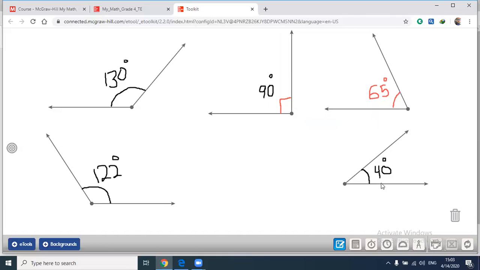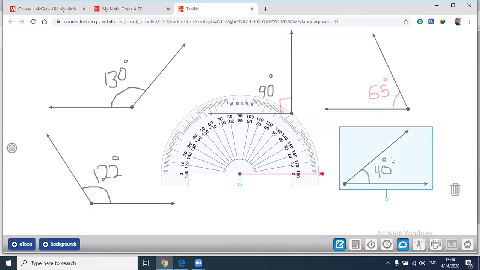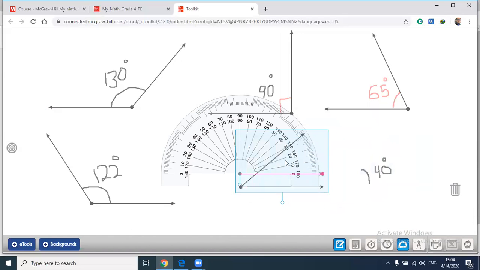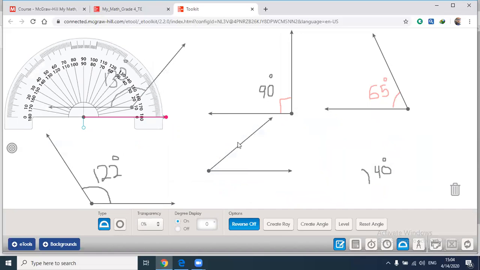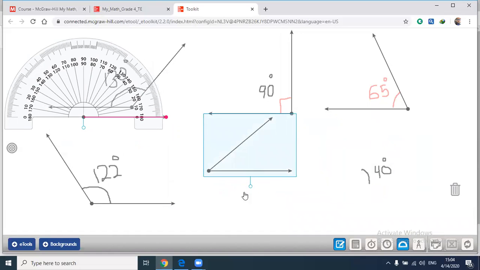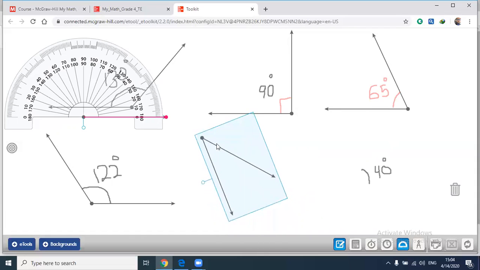What if I have this one? Remember, this one was 40. If this angle is rotated like this, I can measure it. Yes, remember it was 40.